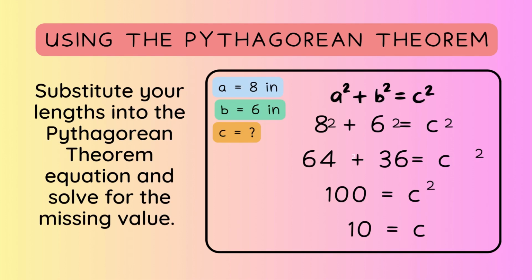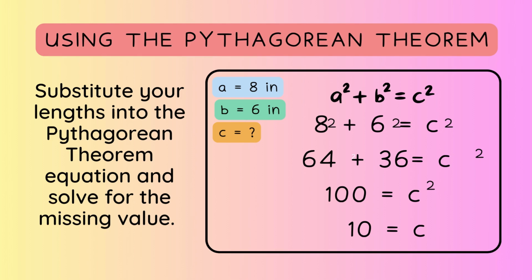Now let's find out the hypotenuse side using the Pythagorean statement. What is the Pythagorean statement? a square plus b square is equal to c square. Here they have given a is equal to 8 and b is equal to 6, and we have to find c. Let's substitute the values given in our Pythagorean statement.